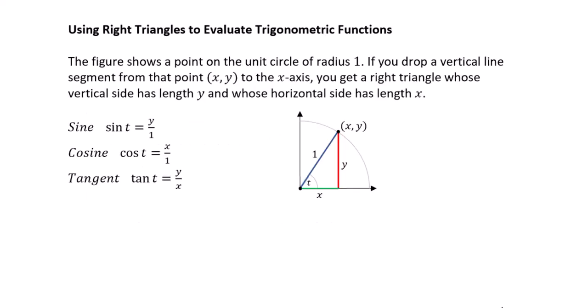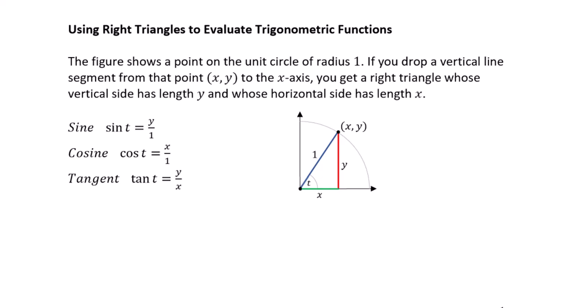Using right triangles to evaluate trigonometric functions. The figure shows a point on the unit circle of radius 1. If you drop a vertical line segment from that point, x y, to the x-axis, you get a right triangle whose vertical side has length y and the horizontal side has length x.